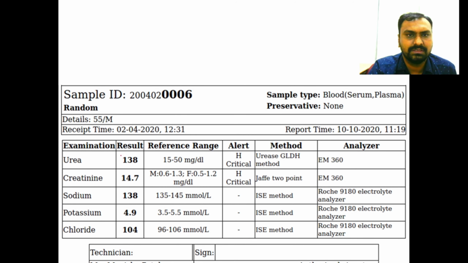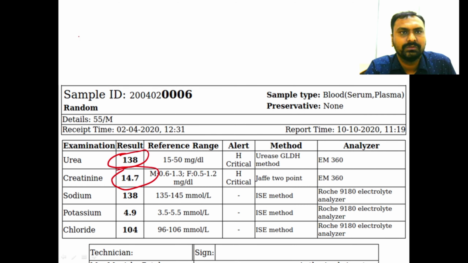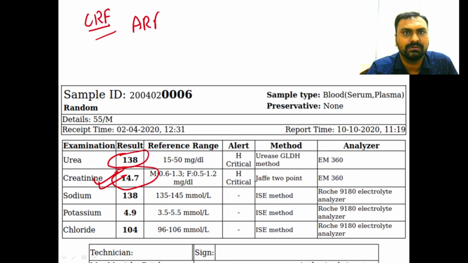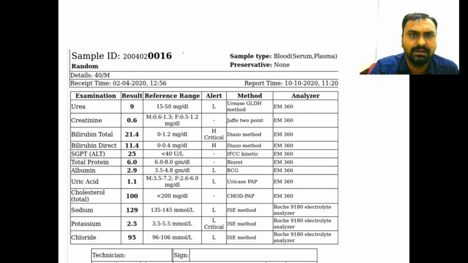Now this report: urea 138, creatinine 14.7. Most likely the high creatinine level is because of chronic renal failure, or it may be due to acute renal failure. So kidney damage leads to both urea and creatinine level being high.